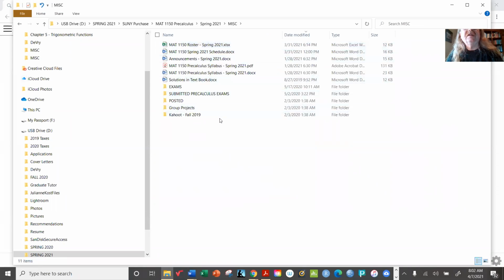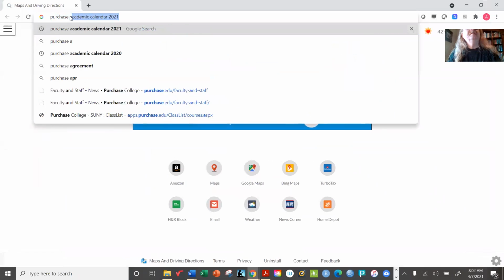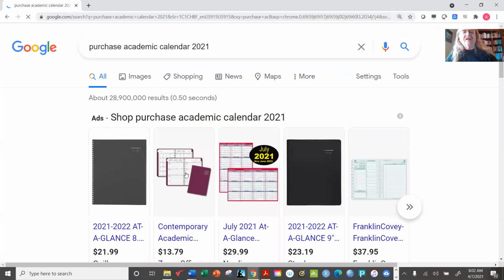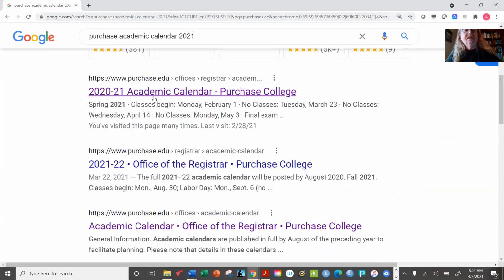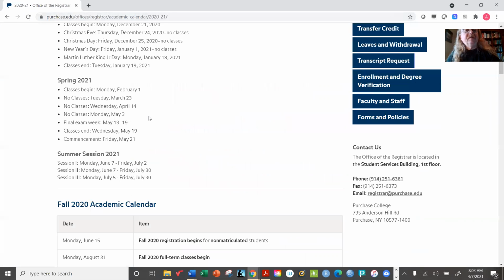Let's see, officially next Wednesday, the 14th, is a day off. In fact, let me just double check something real fast. It's listed here. Here we go. The 3 days that are off were Tuesday the 23rd, Wednesday the 14th.